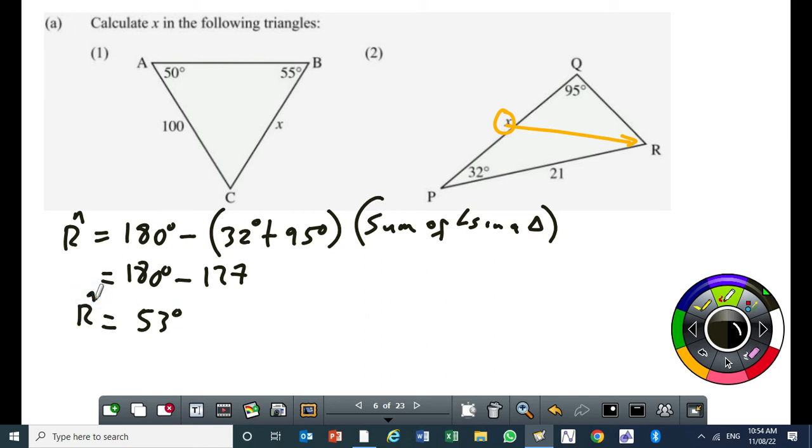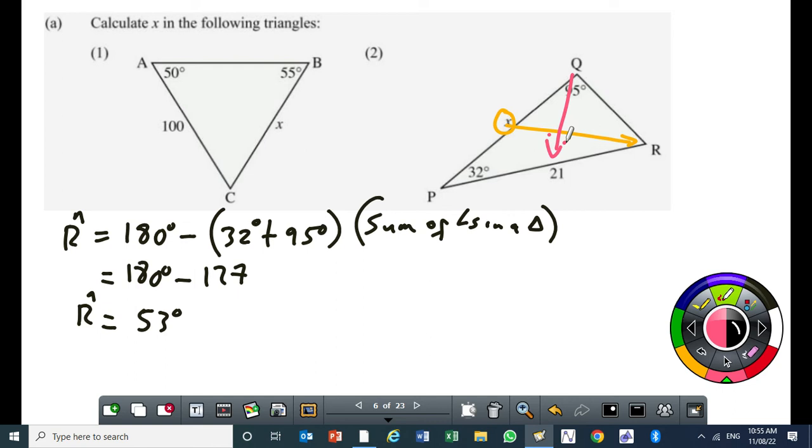So I now know the size of angle R is 53. Then the next thing is to look at the other two pairs of angles and sides. Which angle has got a side opposite which is given? Look at 95 and PR. Because PR is given, we don't need this 32 degrees anymore.